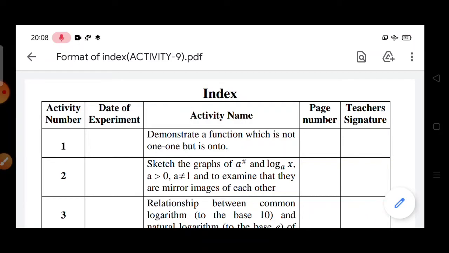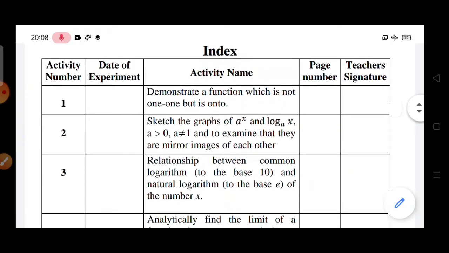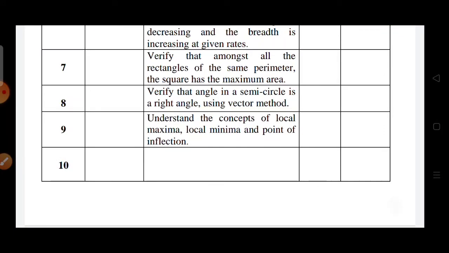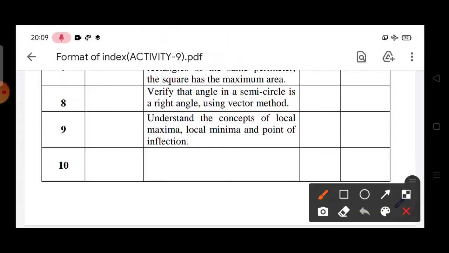Now, before discussing today's topic, let us first show the index page. Hope you have already completed the index up to activity 8. Now, before writing activity 9, we have to write the activity number 9 and then write down the topic of the activity.